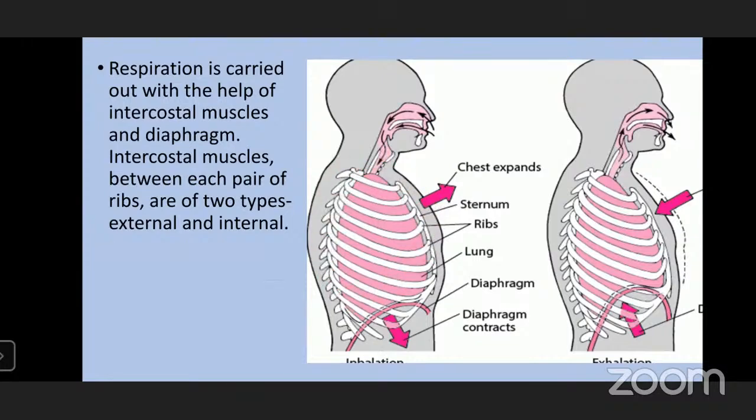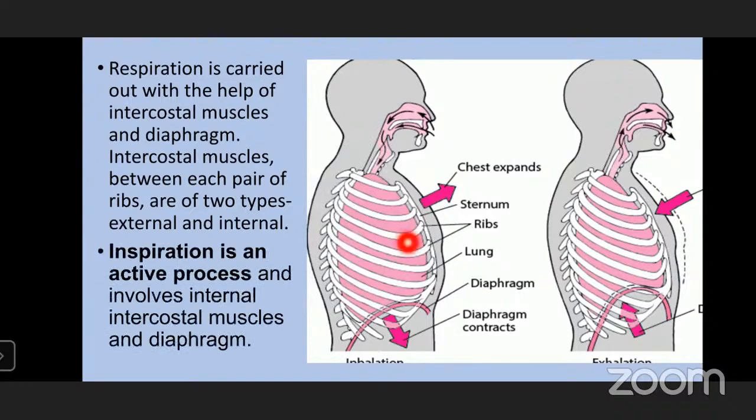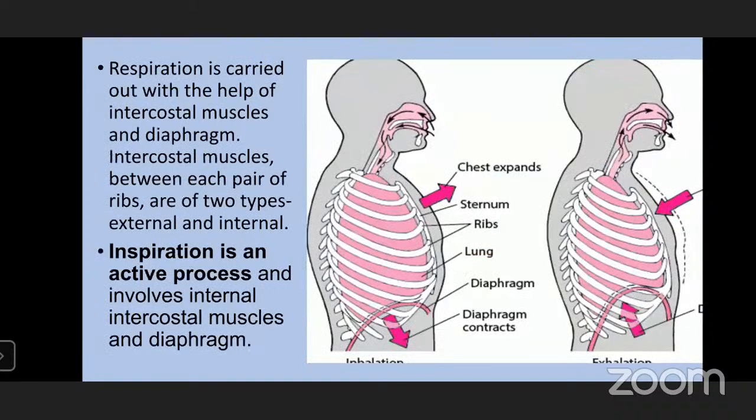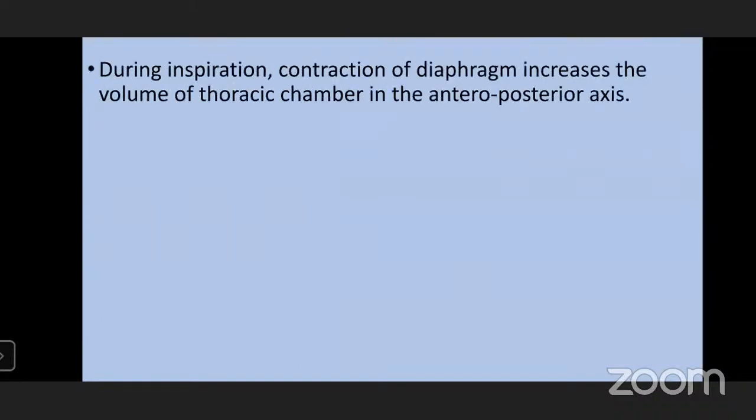When the area of the thoracic cavity is increased, the lungs get placed for expansion. When they get placed for expansion, then they can take the air inside, right? Whereas in the exhalation process, it is exactly opposite. So let's see inspiration first.